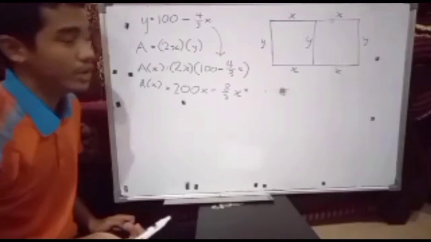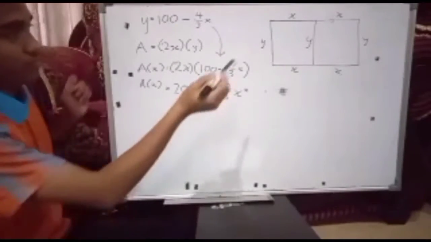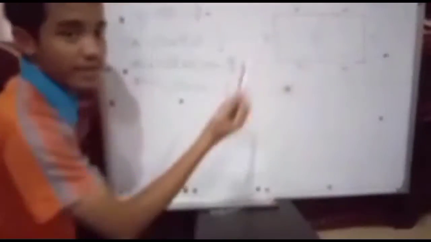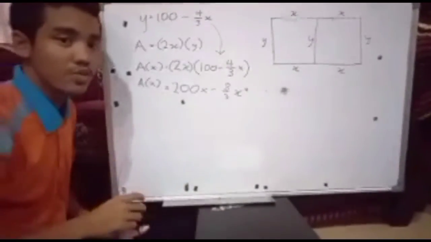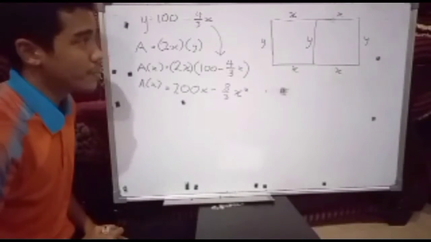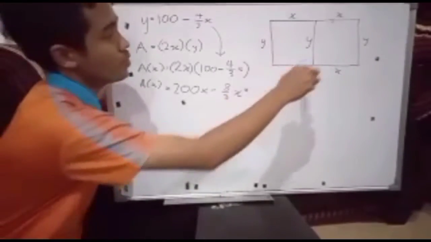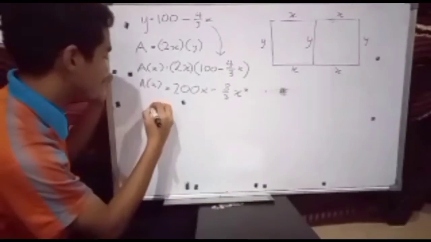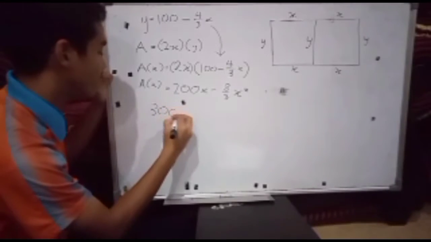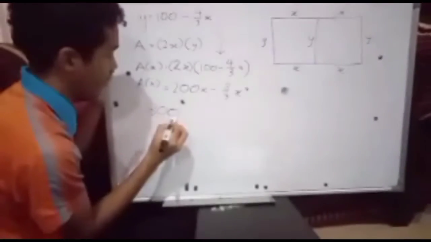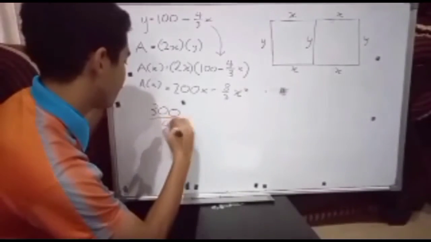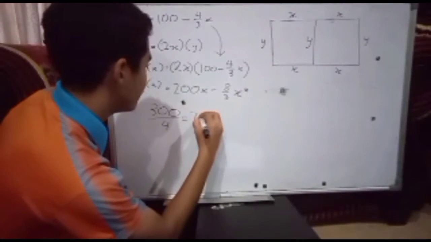Okay, now we know that the fence will never get a negative value, so x will never be negative. Now we have 4 sides and the maximum length of the fence is 300, so we can divide it by 4. We get 75.